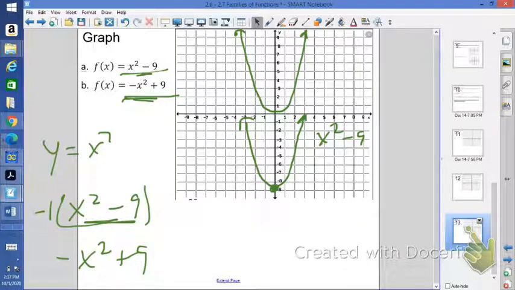So this is a reflection across the x-axis. So I'm going to take this point and reflect it across the x, so now it's over here. And then instead of opening up, a reflection across the x is going to make this open down. And there's your graph.